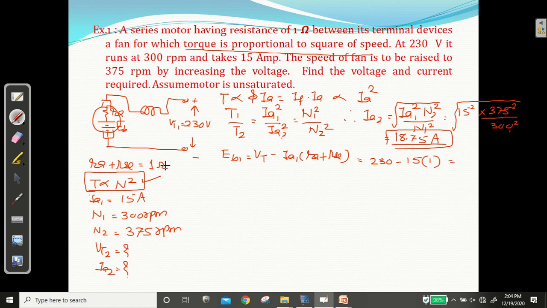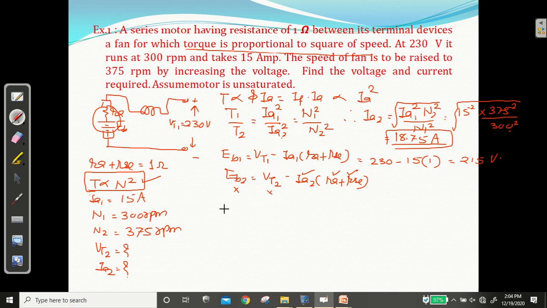So we will get EB1 equal to 215 volt. EB2 equals VT2 minus IA2 into RA plus RSC. IA2 is known, but VT2 and EB2 are not known. We have to calculate this.